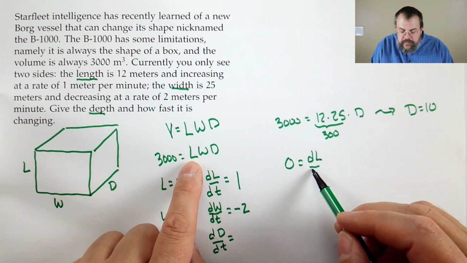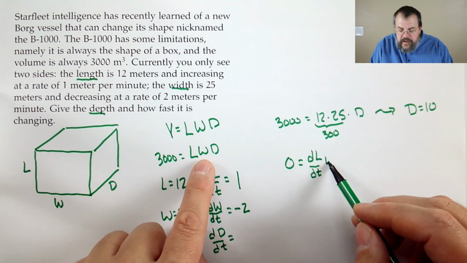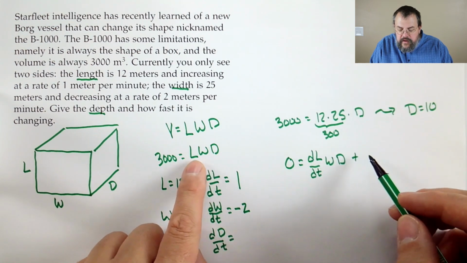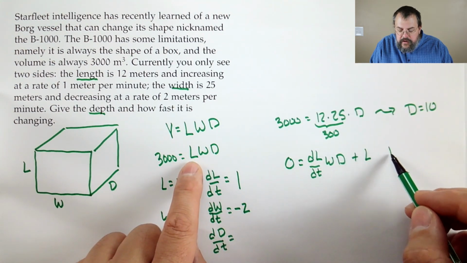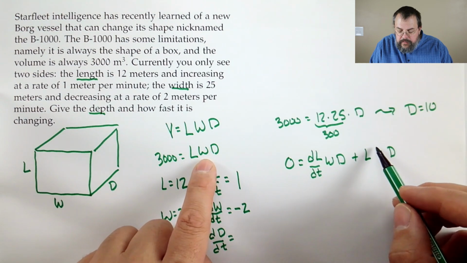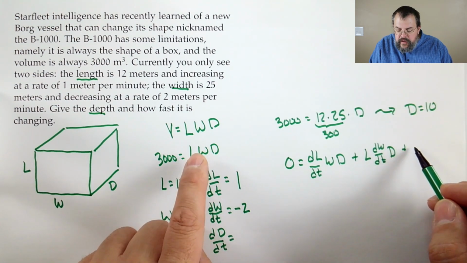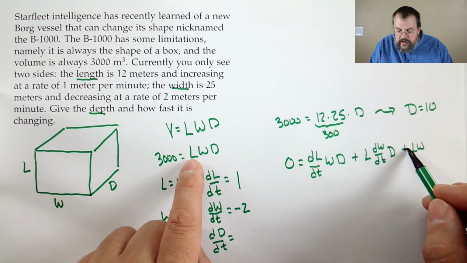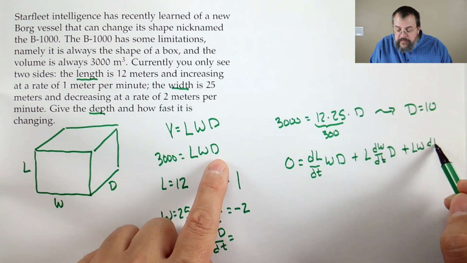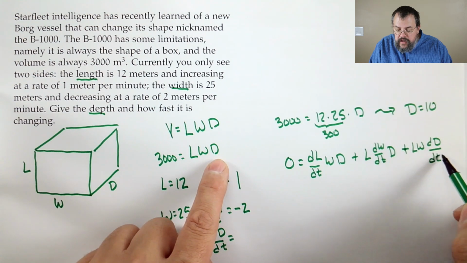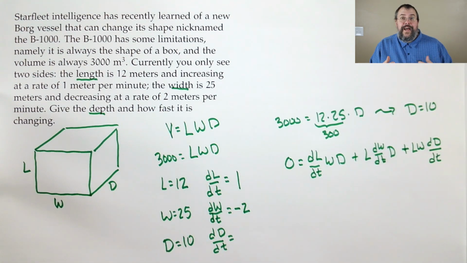So dl/dt, leave the others alone. Plus, leave the L and the D alone, and take the derivative of the middle term, dw/dt. Plus, now leave the first 2 alone, L times W, take the derivative of the last term, dd/dt. So that would be what would happen if we took the derivative.